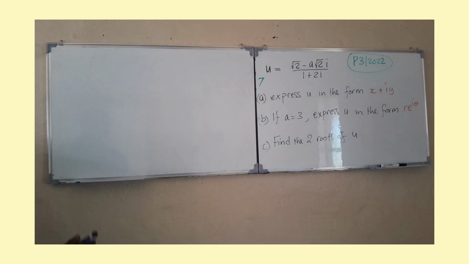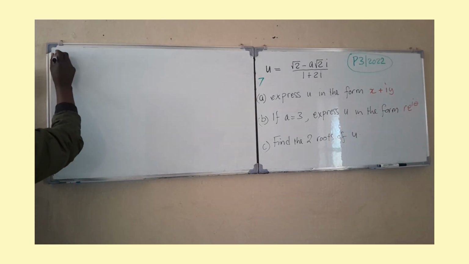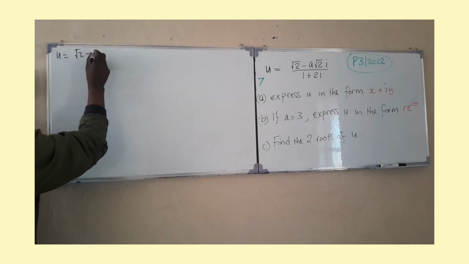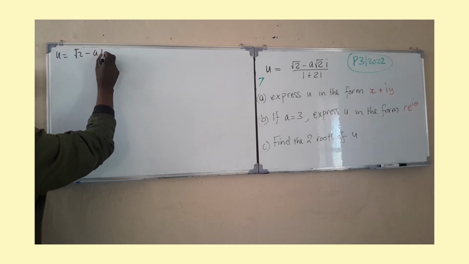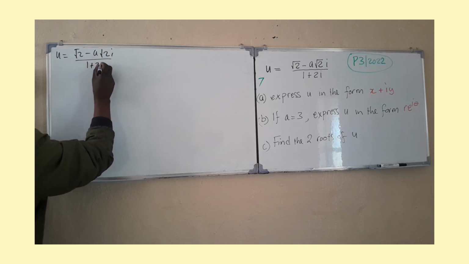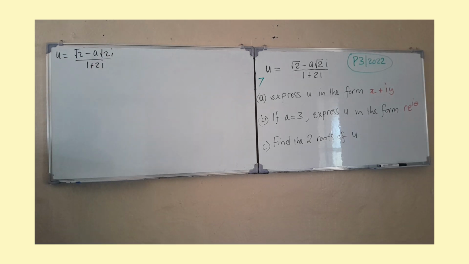Okay, so let's write our u nicely over here. So u is equal to root 2 minus a root 2i divided by 1 plus 2i. How do we get rid of the fraction? We multiply the top and the bottom by the complex conjugate of the denominator.